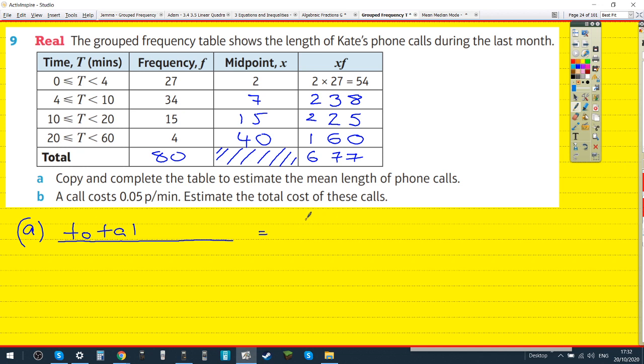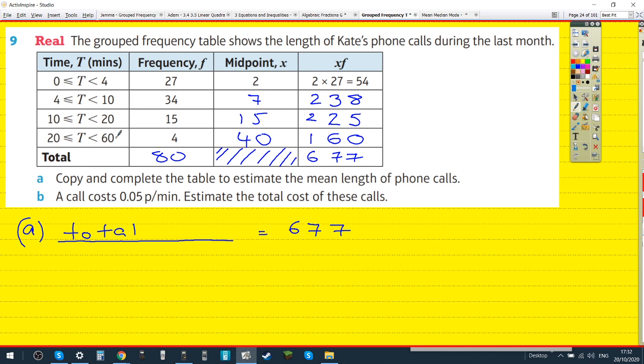So I think it's the total of xf divided by 4.